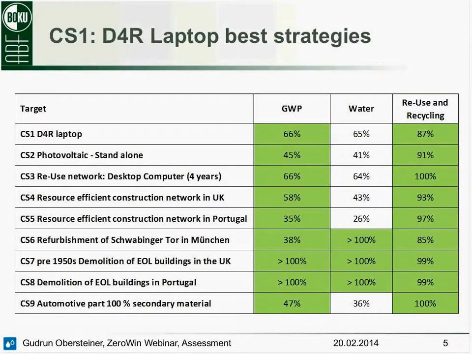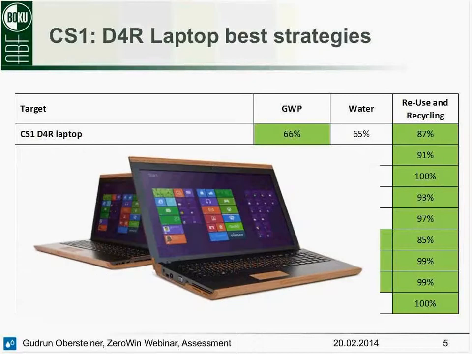the D4R laptop, and which strategies turned out to be the best. For example, one thing that turned out to have a very high impact was the use of highly durable wood sourced from the furniture industry for the chassis that you can see here.